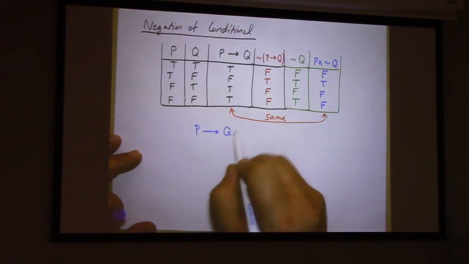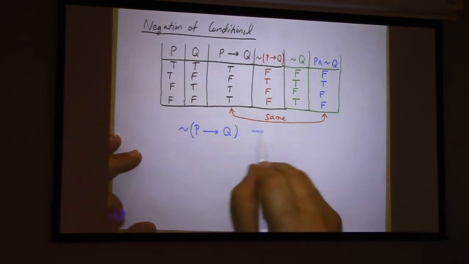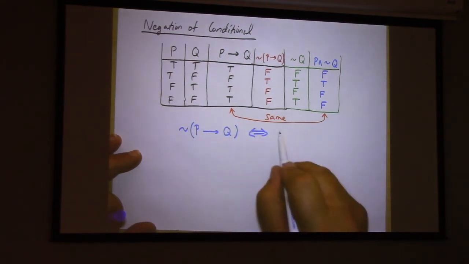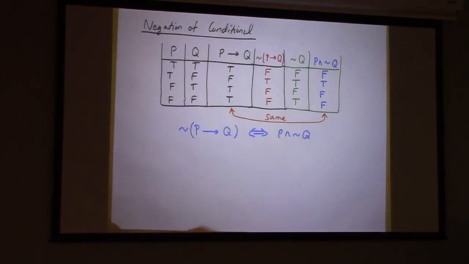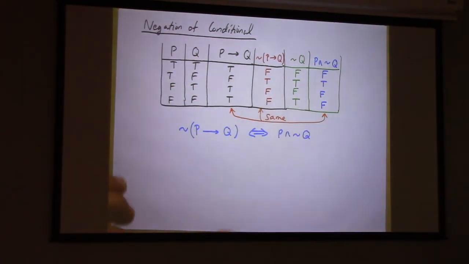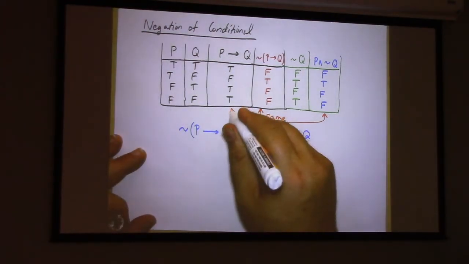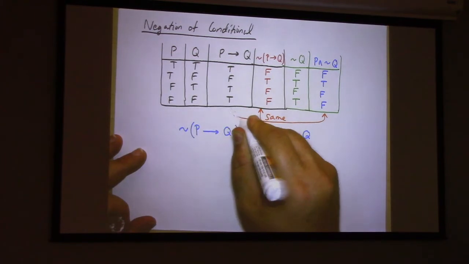My arrow's off where it should be. Right, so I got carried away here. I meant to put the arrow to here, right? It's the negation of the implication, negation of the conditional, which is equivalent to P and not Q. My bad. I'll fix it.